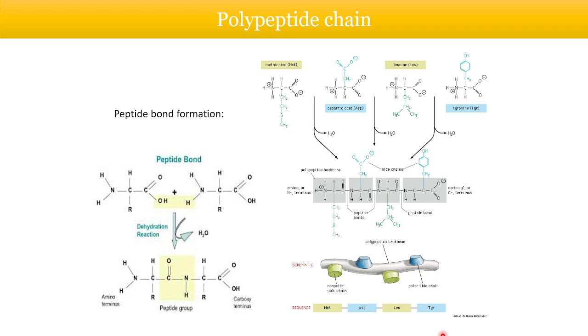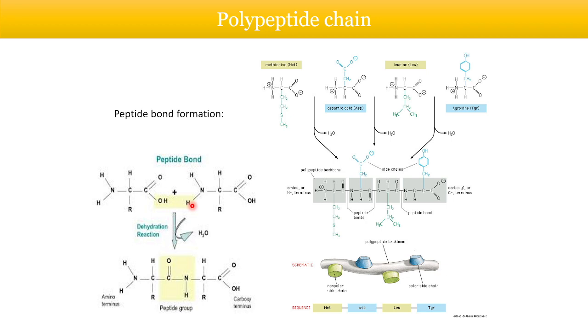Via a dehydration reaction, or loss of water, the OH is lost from the carboxyl group and the H is lost from the amine group, and you get a peptide bond. In this manner the peptide bond formation occurs.